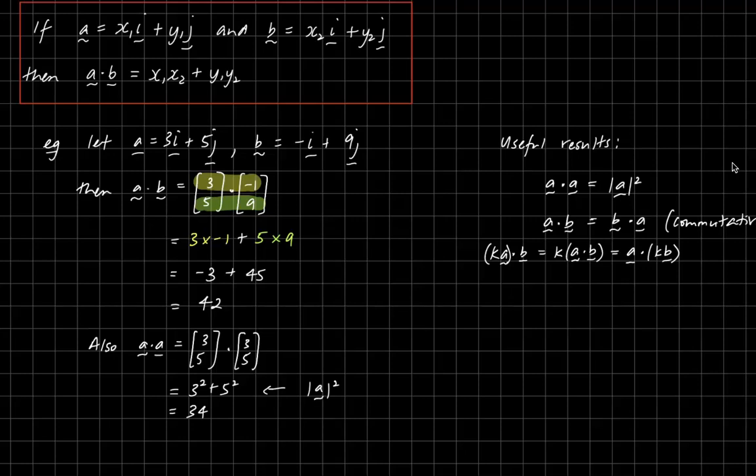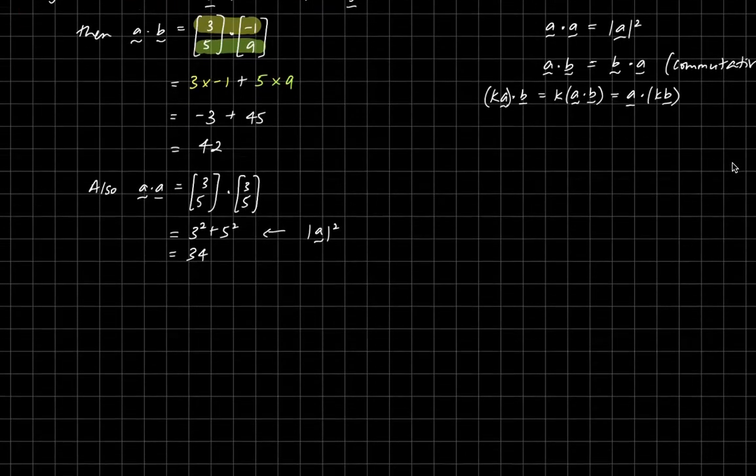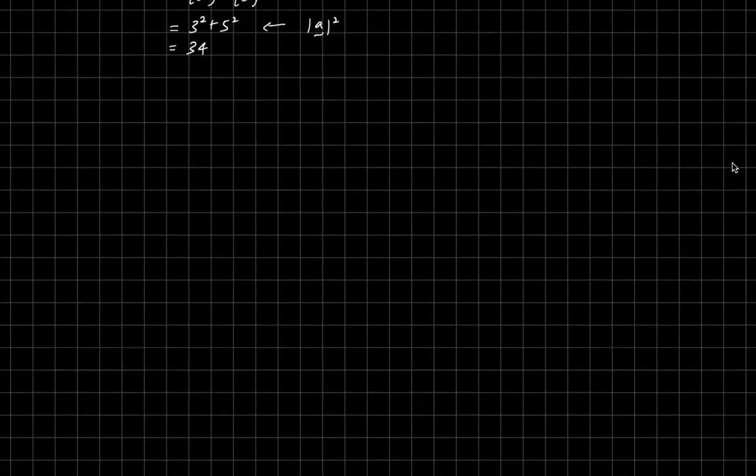Alright, we've got a definition for the scalar product in component form. Let's go on to a definition in geometric form, or I guess when we're considering polar form, where we've got a magnitude and direction.